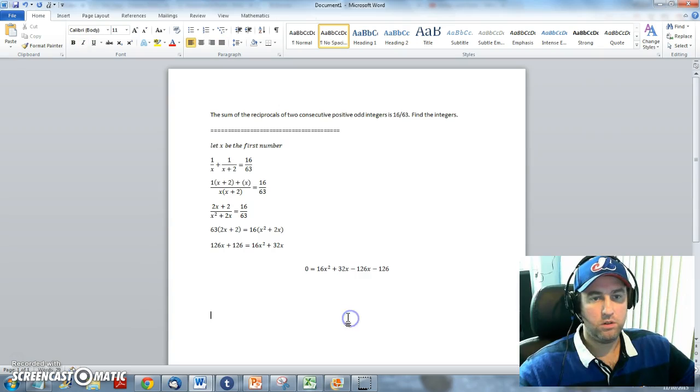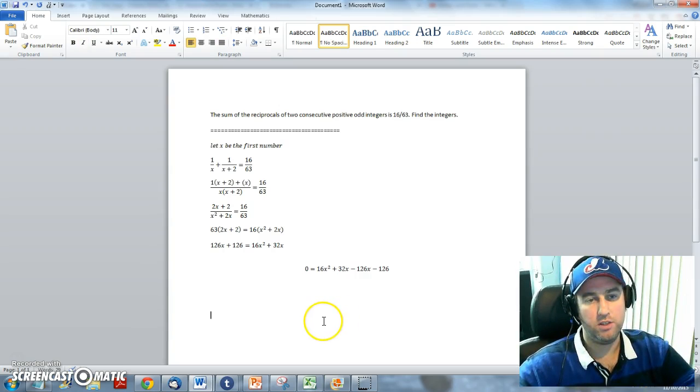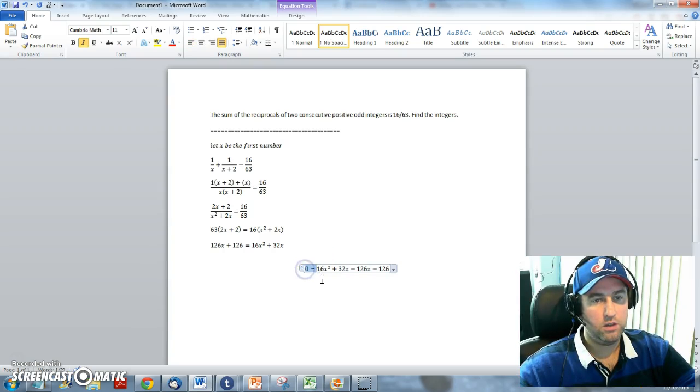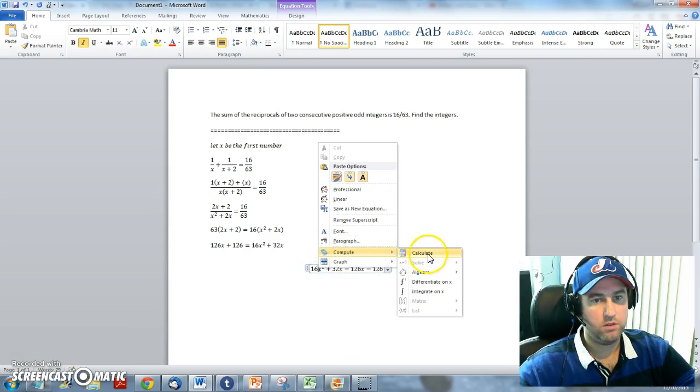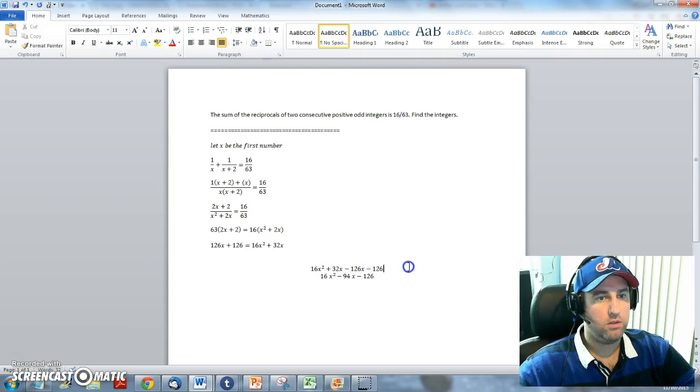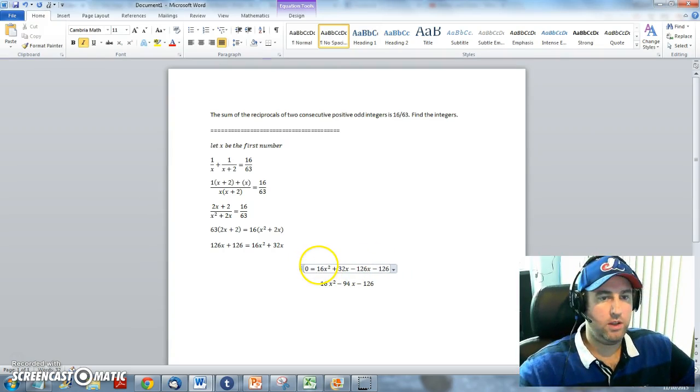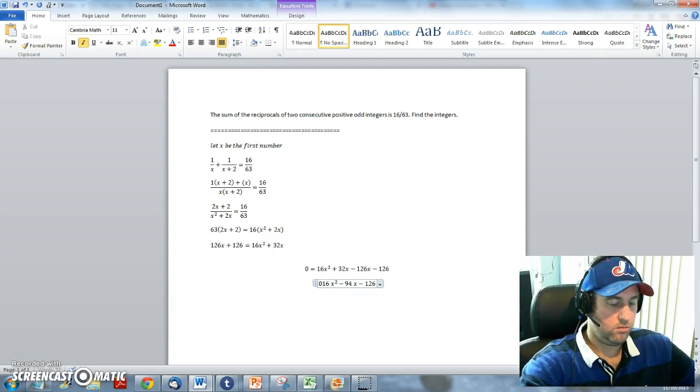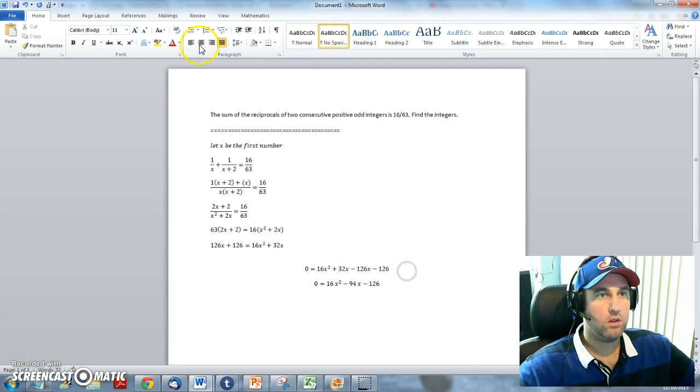So really all I have to do here is 32x minus 126x. I'm just going to erase it for a second and calculate because I don't know the exact number off the top of my head.